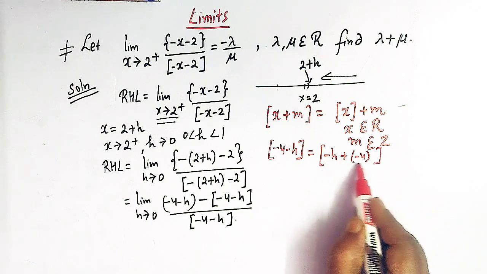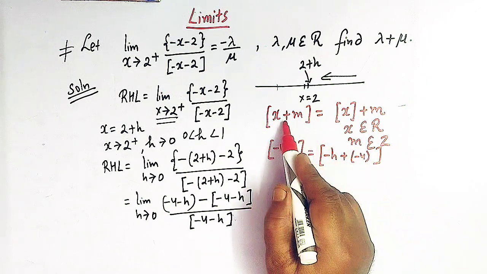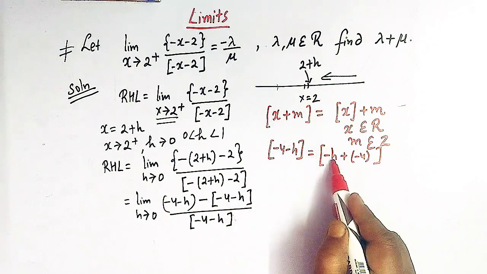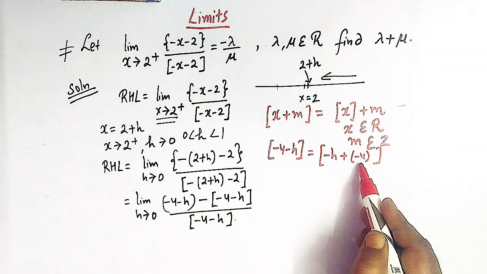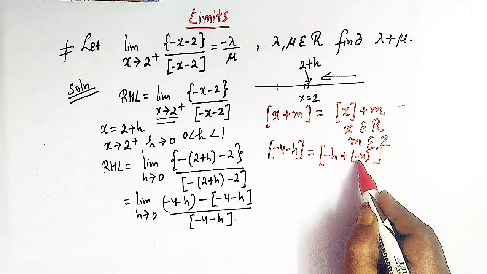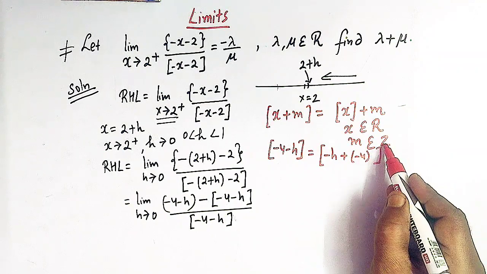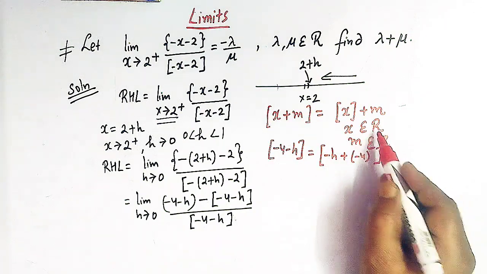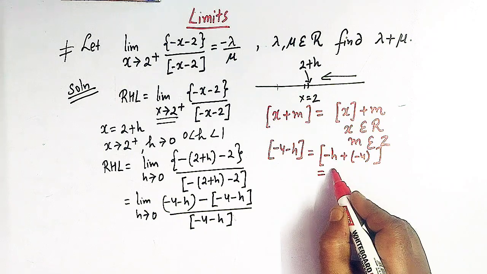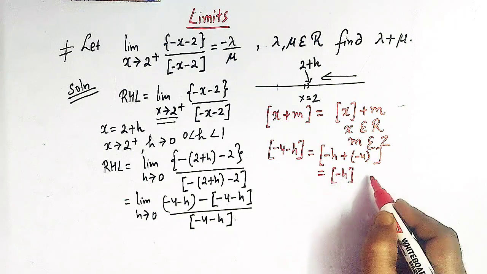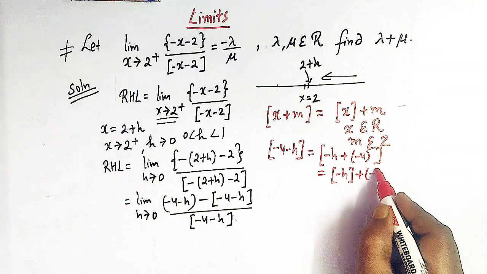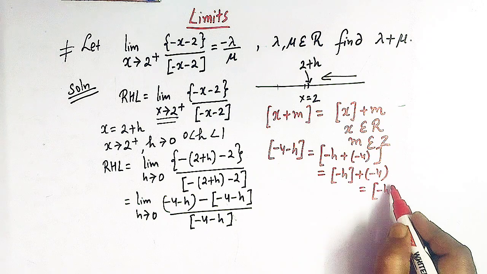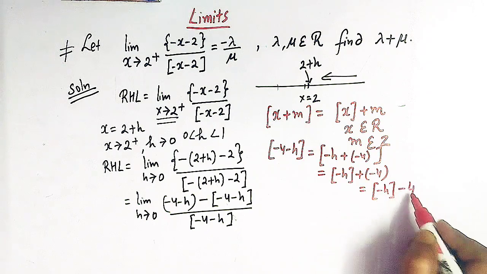If we compare, our x is minus h and m is minus 4, and obviously minus 4 is an integer and minus h belongs to the set of real numbers. So we can write it as the greatest integer of minus h, and then minus 4. So this is now the greatest integer of minus h, minus 4.